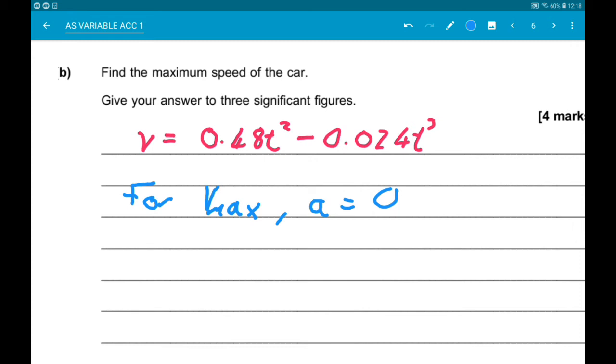So acceleration is the derivative of velocity, so that gives us 0.96t minus 0.072t squared.